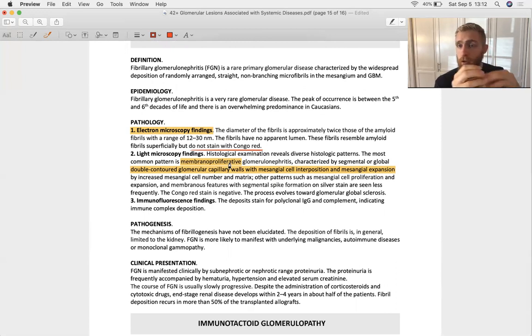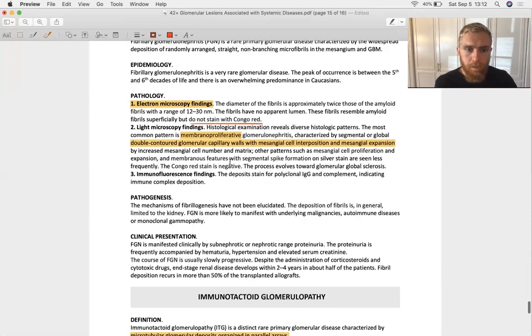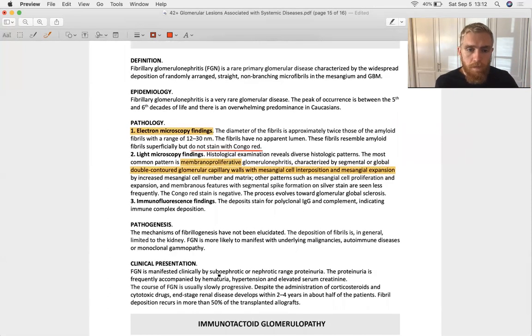You also see proliferation of cells within the glomerulus, and so you see a lot of nuclei, hypercellularity. You could be subnephrotic or totally nephrotic in terms of your proteinuria. And remember, that's going to be over 3.5 grams of protein per day in the urine. You might see hematuria and hypertension.